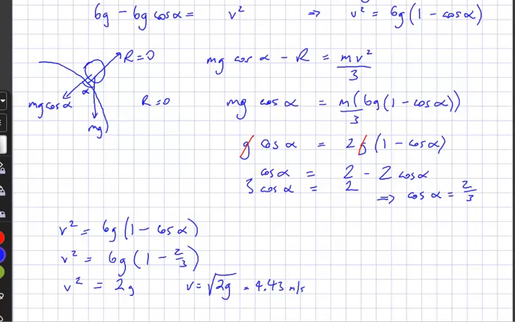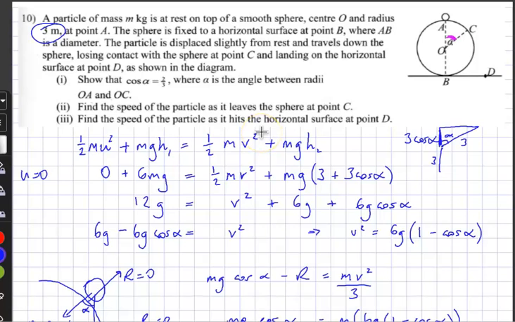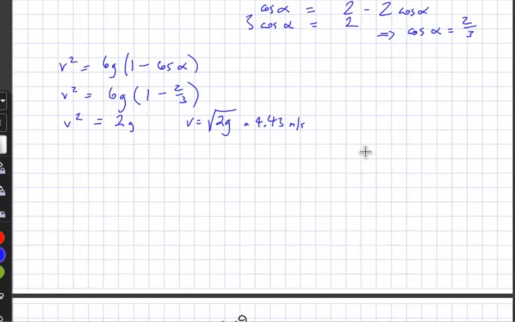Then lastly, the last part of the question was to find the speed of the particle as it hits the horizontal surface at point D. So let's remind ourselves, it flies out and it's going to be a projectile and it's going to land. What's that velocity when it hits? Well, we're down on the ground, so we have a situation whereby our h is going to equal 0.